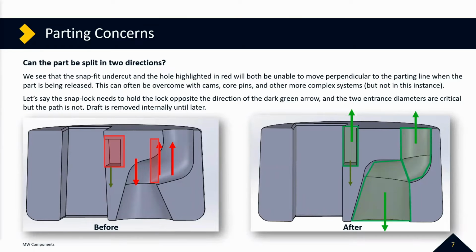As it is in that original view, no, we cannot. There are certain techniques you can use, like core pins, cams, wobble cores, expanding cores, dovetail, things that can get around this sometimes if you have like a through hole through the center of your part or something, or a threaded component that needs to be unthreaded.